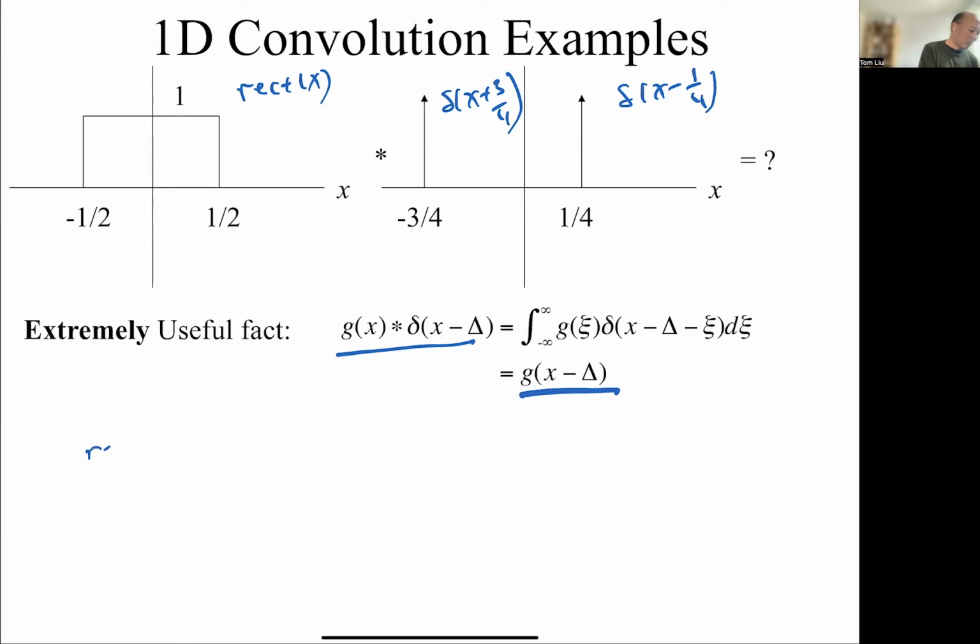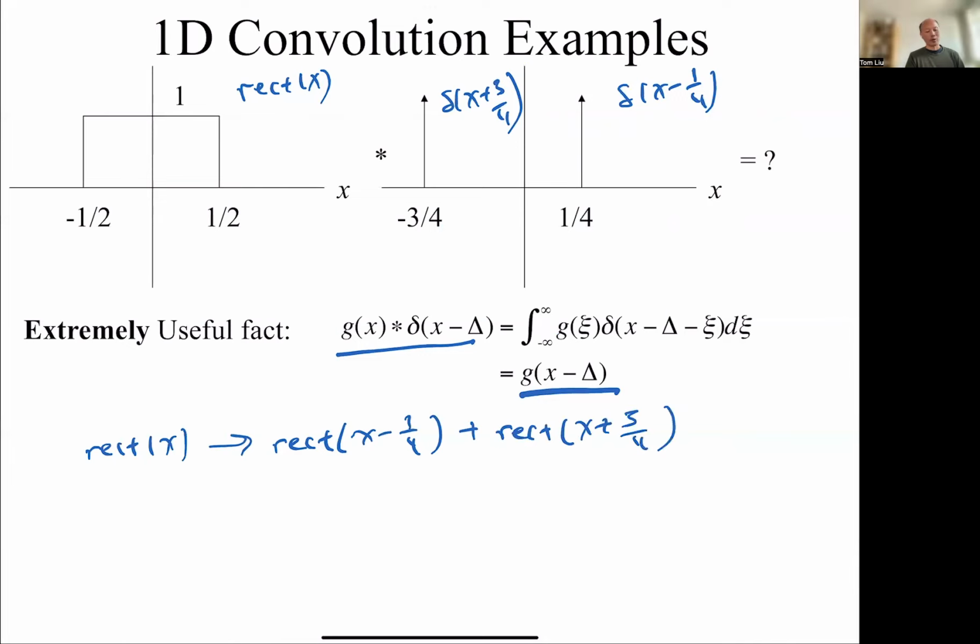That means rect of x, if I convolve it with that thing, I'm going to get rect of x shifted by 1/4, plus, using linearity, rect of x shifted the other way by 3/4. Okay, so that's all that is. We can write down what that looks like.